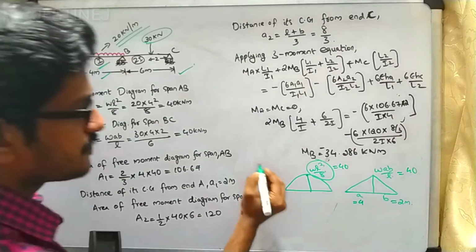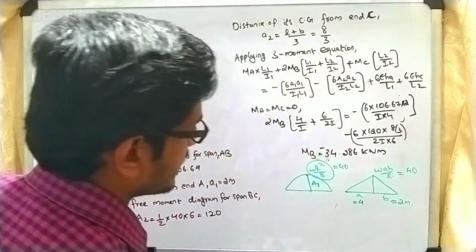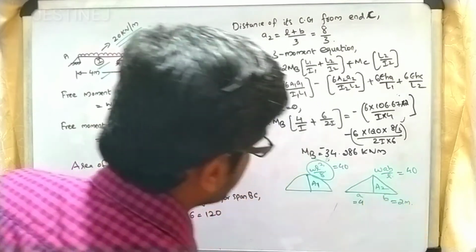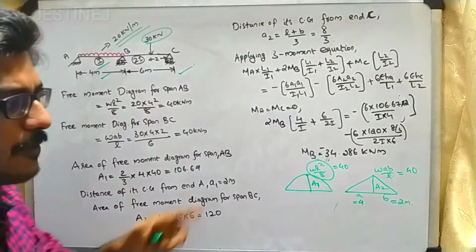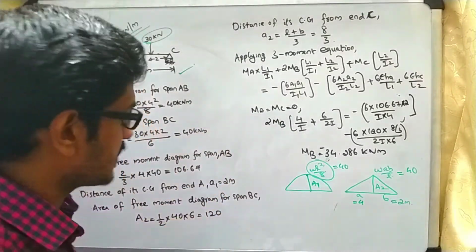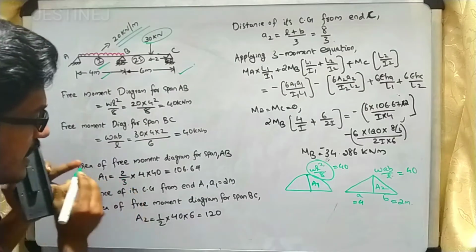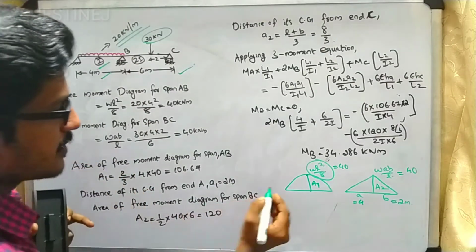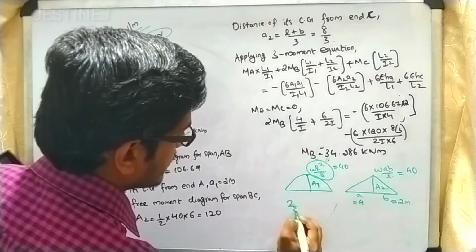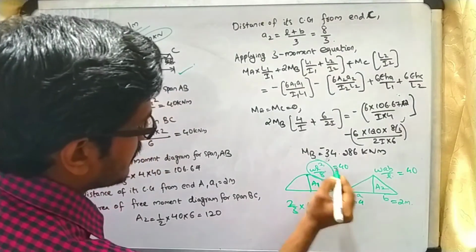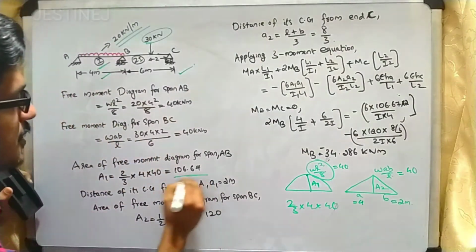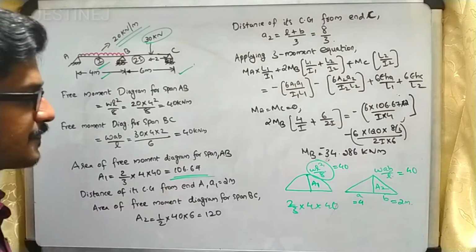Then you have to calculate the area A1 and A2. To calculate the area of a parabola, as I mentioned yesterday, it is 2 by 3 multiplied by 4 multiplied by 40, and you will get the value 106.67.